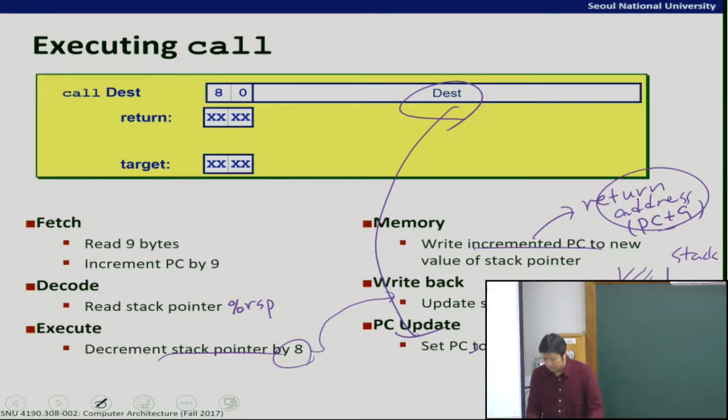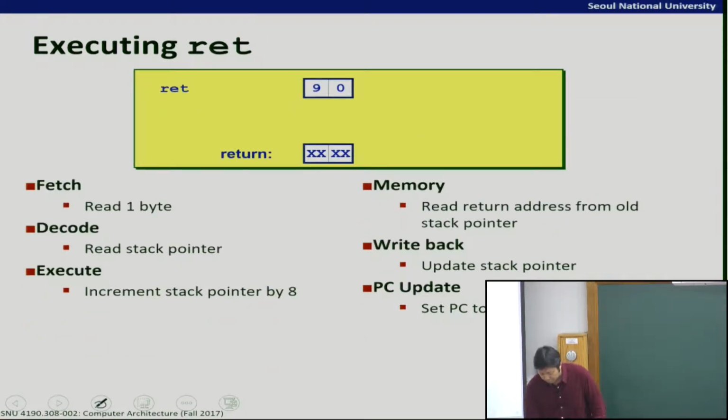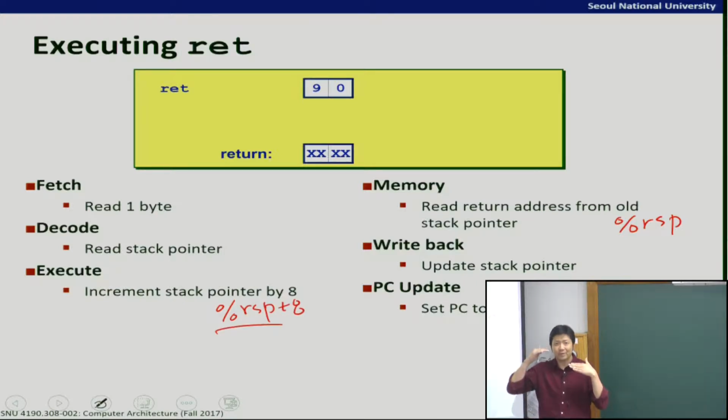But you have to read the return address from the old value of RSP. So you read from RSP, and this one calculates RSP plus 8 because this will be the new stack pointer after you pop it.